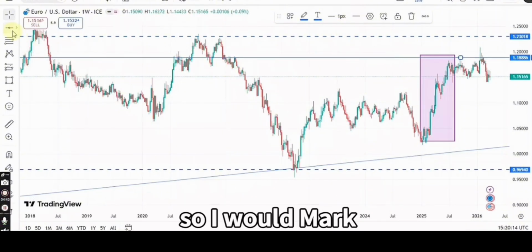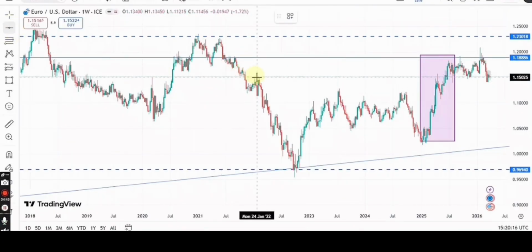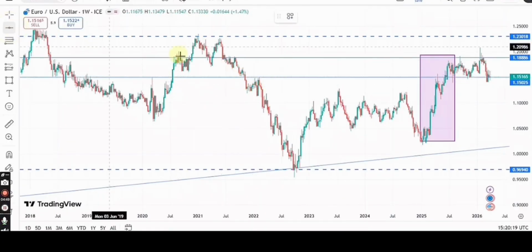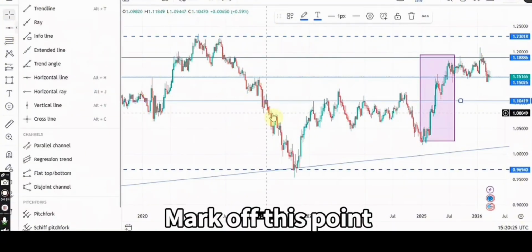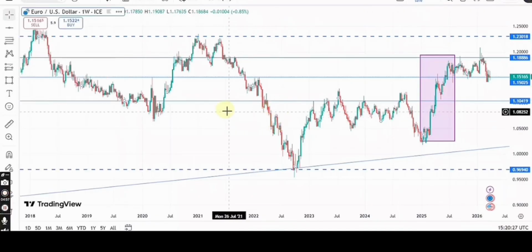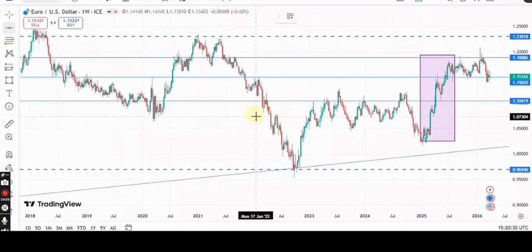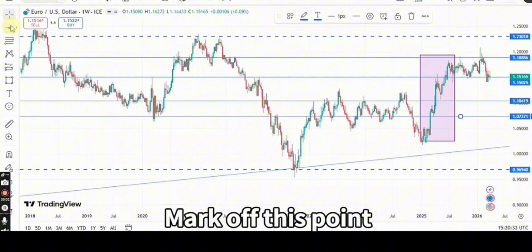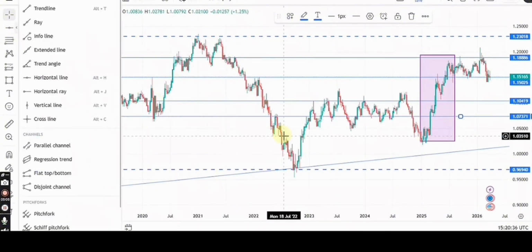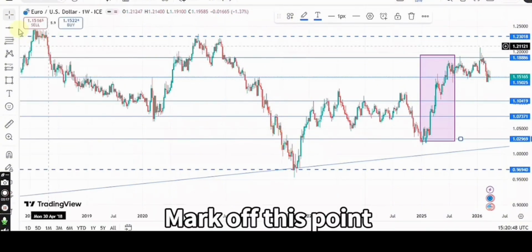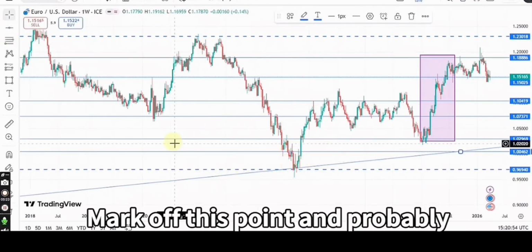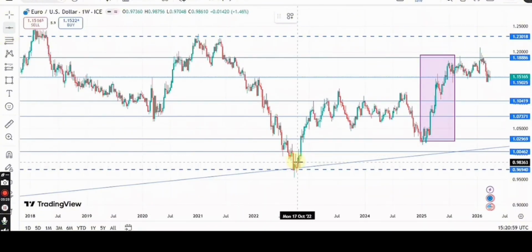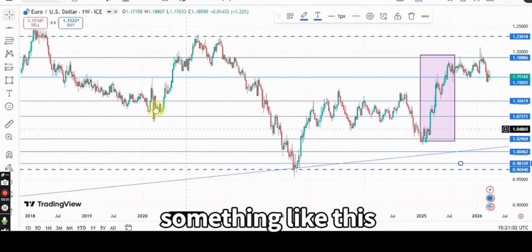Okay, so I would mark off this point, mark off this point, mark off this point, mark off this point, mark off this point, mark off this point, and probably mark off this point, something like this.